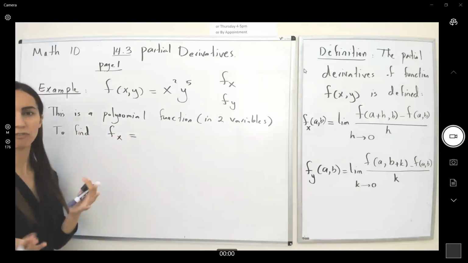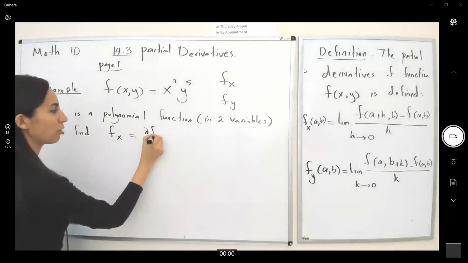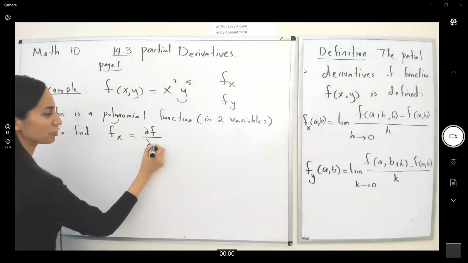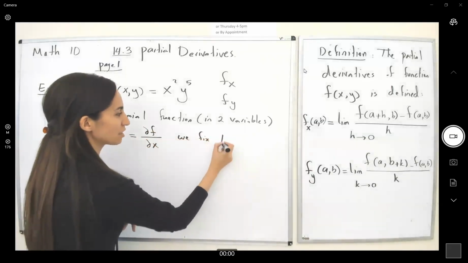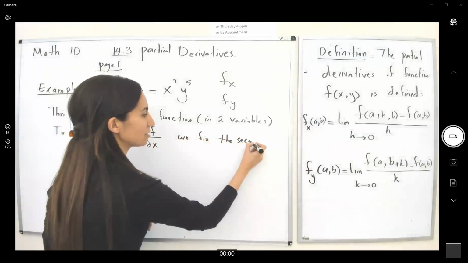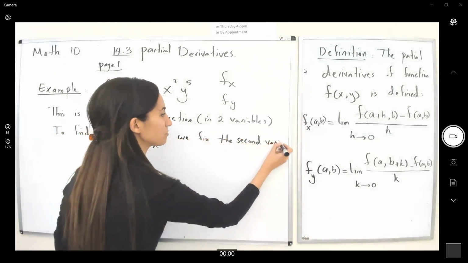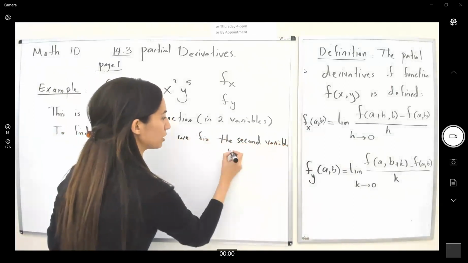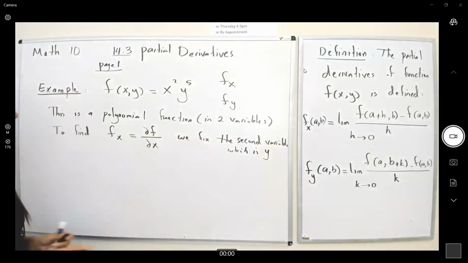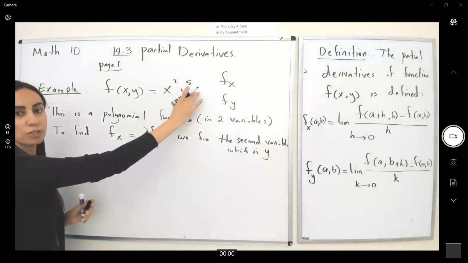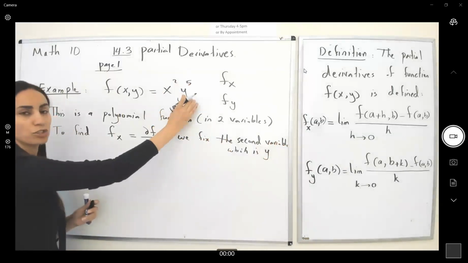To find f of x, remember that f of x can be denoted by the partial derivative of f with respect to x. We fix the second variable, which is y. So here you have x squared y to the 5th. y is just a constant.